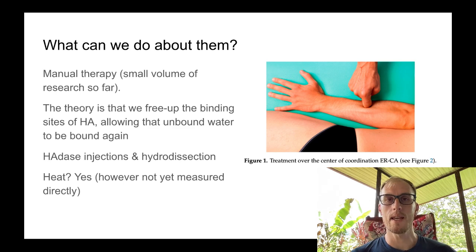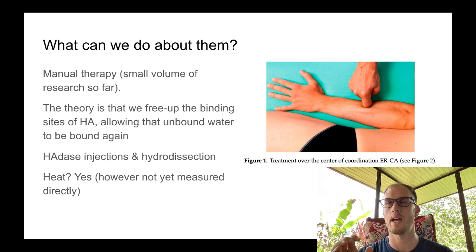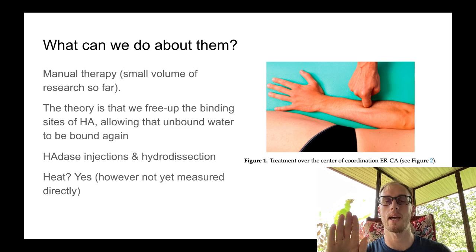The technique is interesting because in a lot of our other fascial related work, and I mentioned this a moment ago and I'll reiterate it now, we're very focused on the fibrous component of our fascial tissues. And I will be the first to put my hand up and say that in most instances, that's what I talk about.